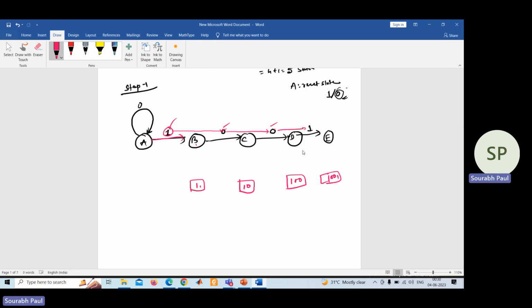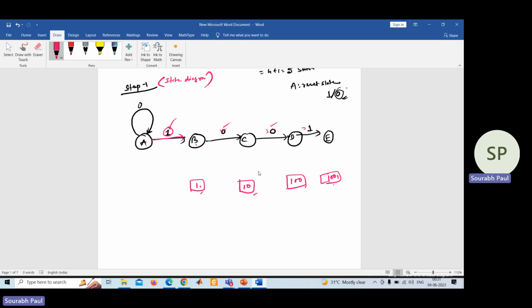I noted this for your understanding purpose only. And these square boxes I have drawn are not required for understanding, but they will be required to make this state diagram. So step number 1 is the state diagram.